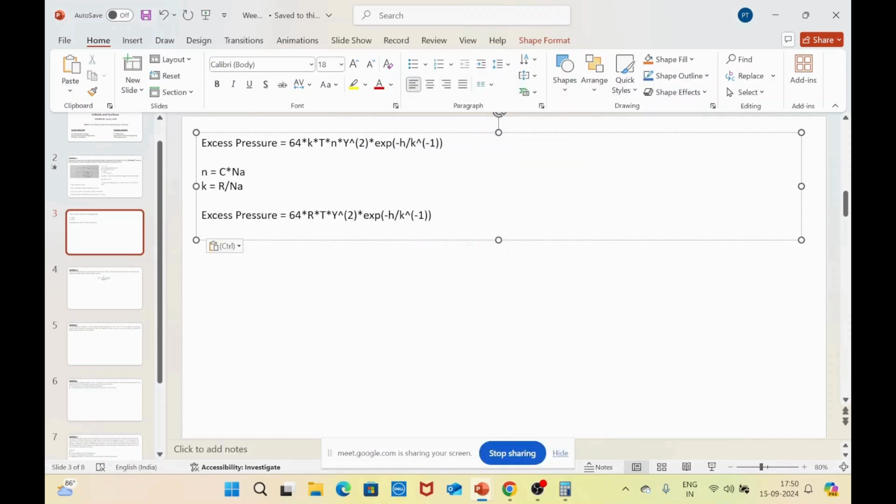So do you have any doubts in this, of just modifying the equation?